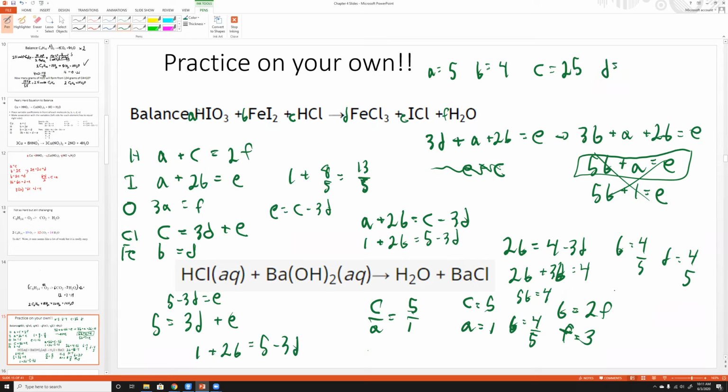D times 5 is the same as B, which is 4. E is 13 over 5, times 5 is 13. And F is 3 times 5, which is 15. All right. Let's see if that works out.